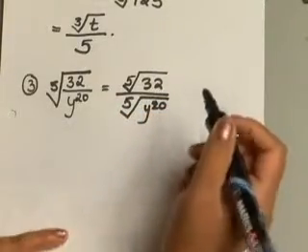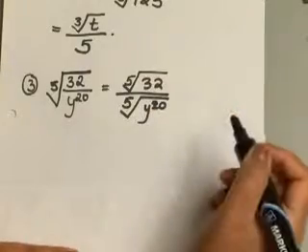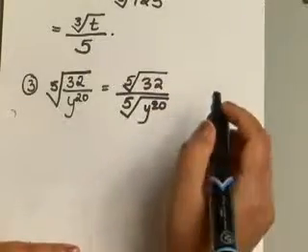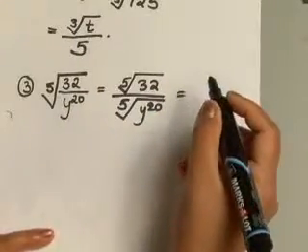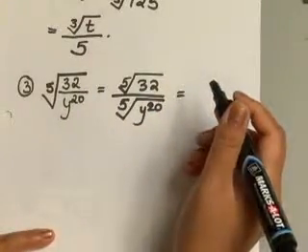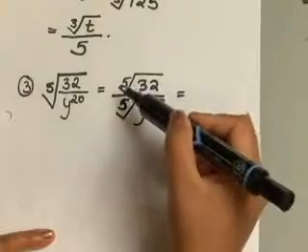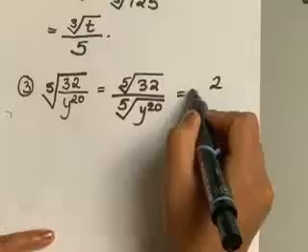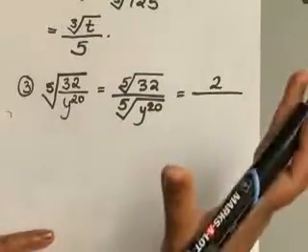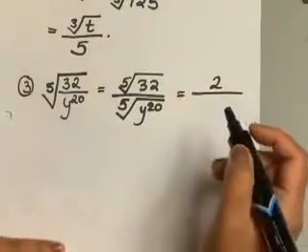So you end up with fifth root of 32 over fifth root of y to the 20. Now, fifth root of 32, again, you're trying to find what number multiplied into itself 5 times will give you 32, and that number has to be 2. Okay, so if you take 2 to the 5th power, you'll come back to 32.